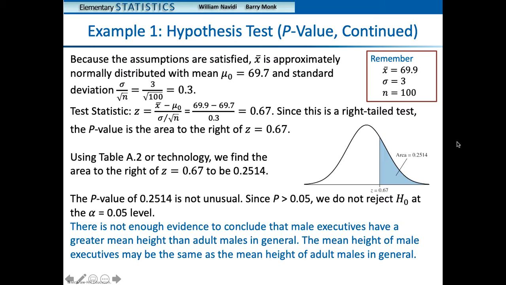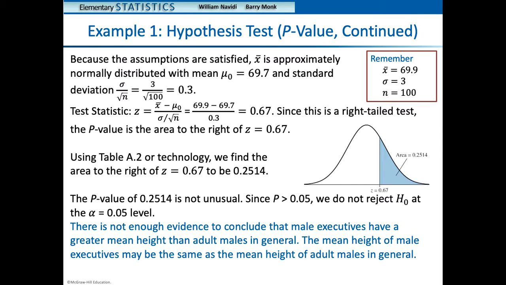And since this is a right-tailed test, the p-value will be the area to the right of z equals 0.67, which we can find using the table or the calculator, one of those two methods. If we do that, we should find the area to the right of z equals 0.67 to be 0.2514.